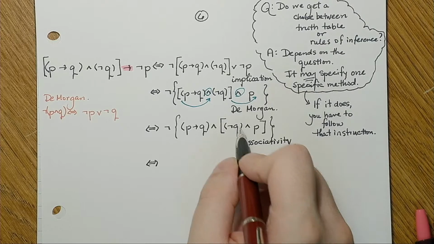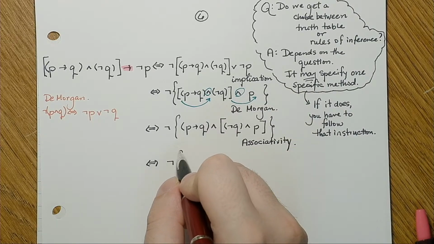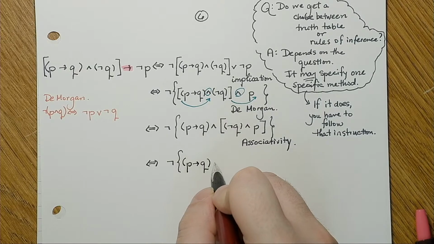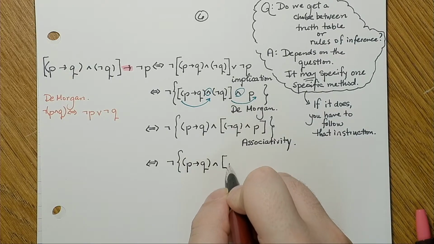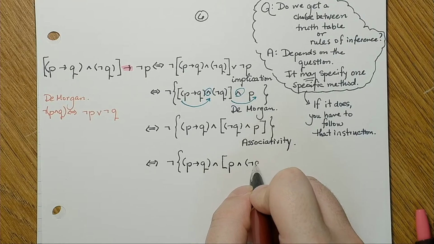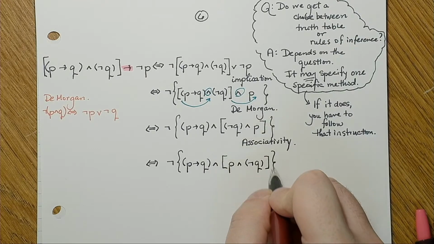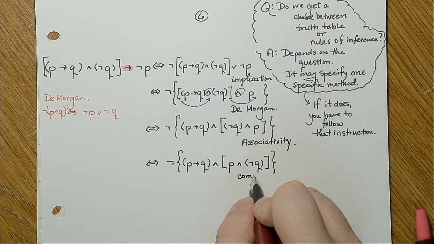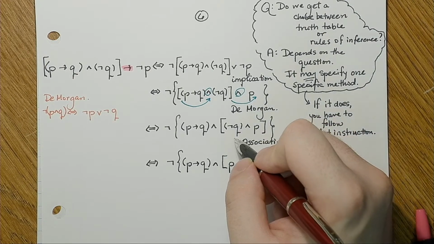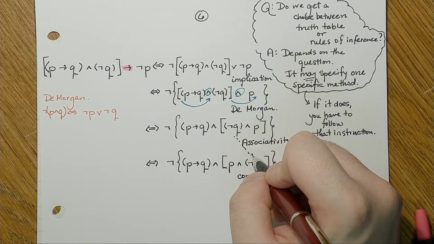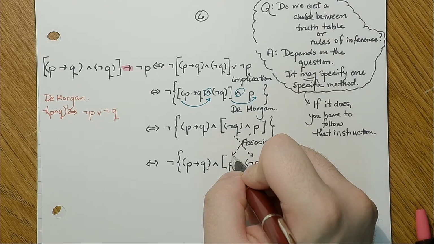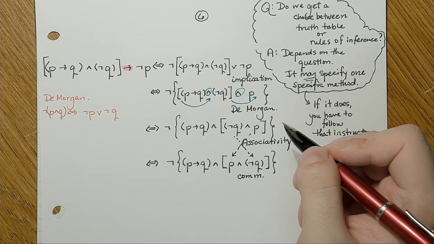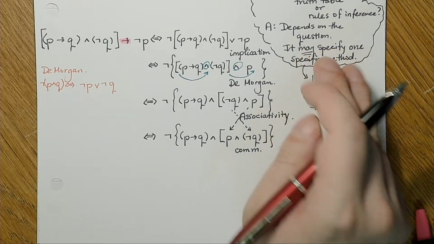I'm going to just change this order here. P and not Q. This is the commutativity. So all I've done is just exchanged the order.